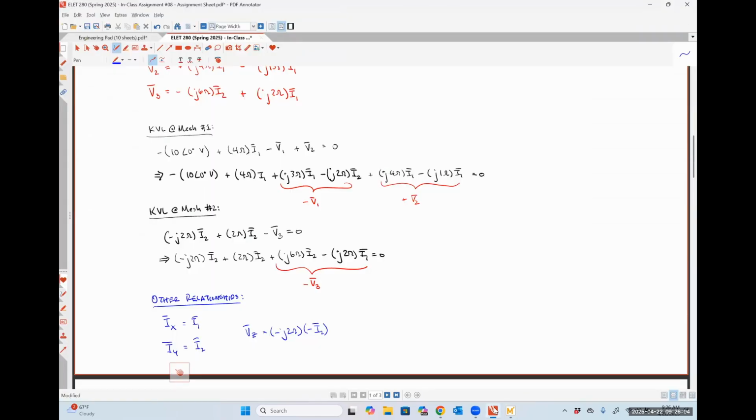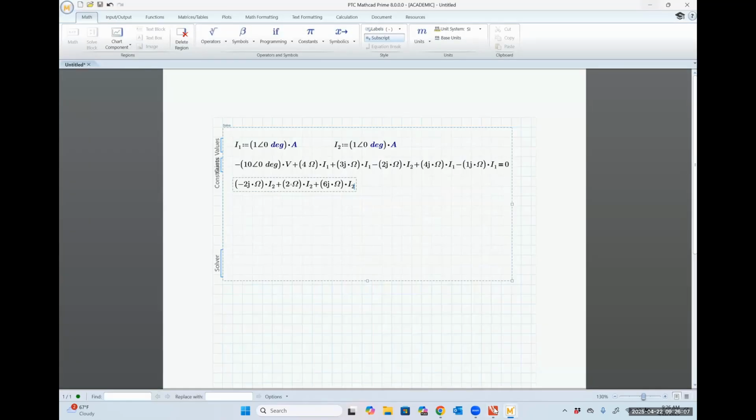And then lastly, minus J2 ohms times I1. Control equals to 0.